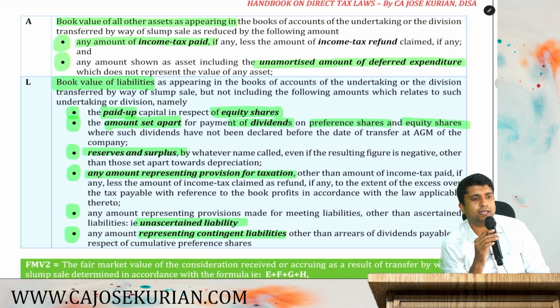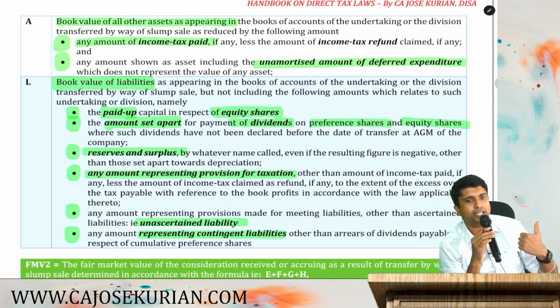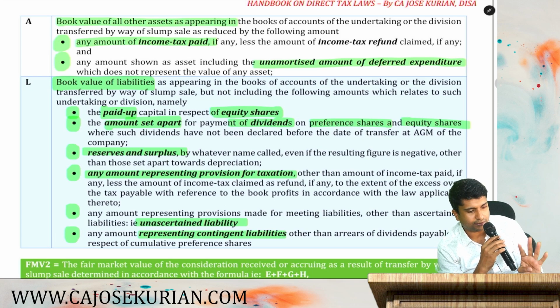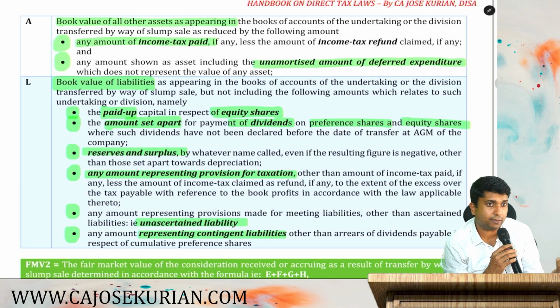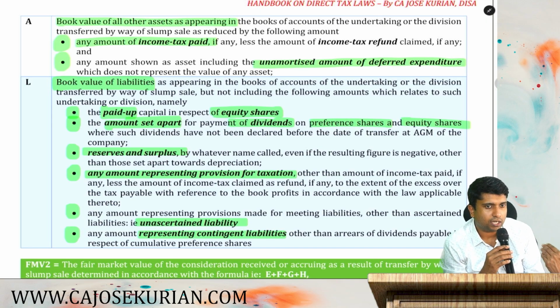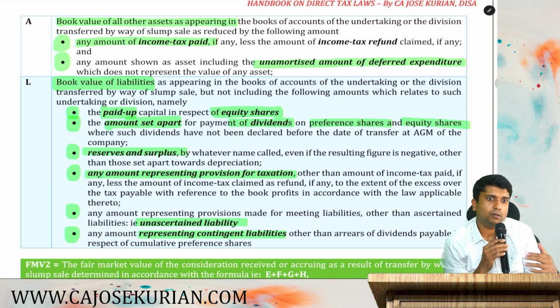You tell me which all are the liabilities that we have to exclude. Equity share, then amount set apart for paying dividends, reserves and surplus, provision for taxation, unascertained liability, contingent liability. Excluding this, whatever liability you have, say bank loan, book value. Creditors, book value. Bills payable, book value. So all this you have to take at book value.